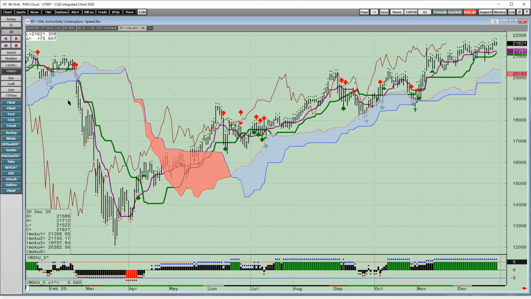And this is why I also throw on the ORL days, because there was one right back there as it went through the cloud. Look at it right before the diamond, and then you've got your down confirmation.